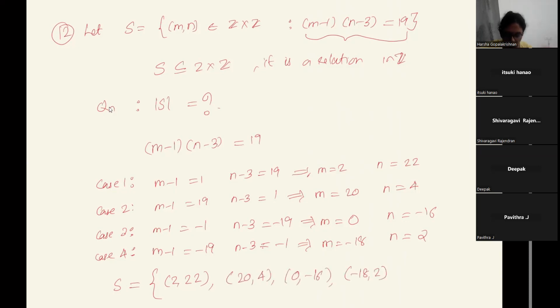We should write in the order of m, n, m first, then n. That is the order given in the relation. So this is the set of elements in S. What is the cardinality of S? 4. Okay. Is this clear? Yes, ma'am. Okay.